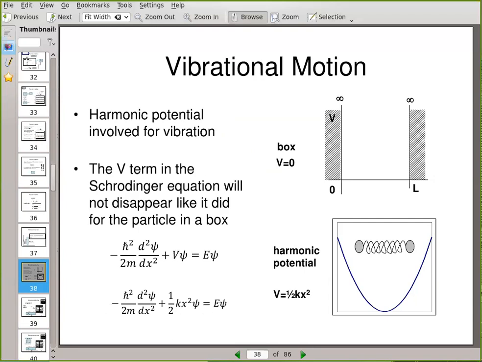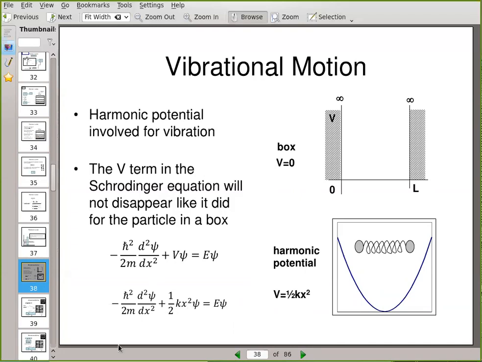So the Schrodinger wave equation for a particle in a potential is slightly more complicated. The potential that a particle will receive is half kx squared, where x is the displacement. So if we place that potential into the Hamiltonian operator, then the Schrodinger equation looks like this.